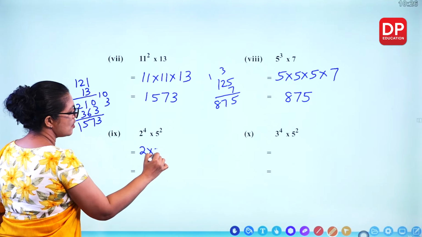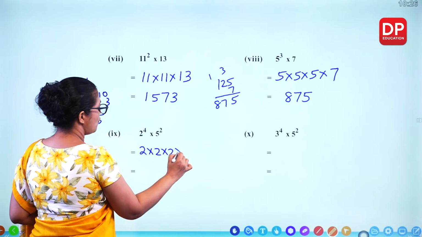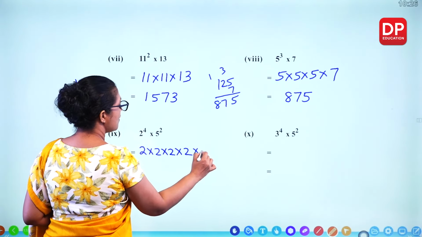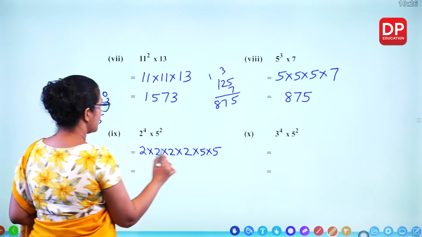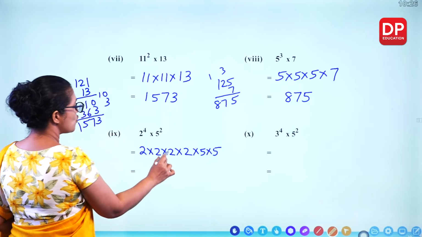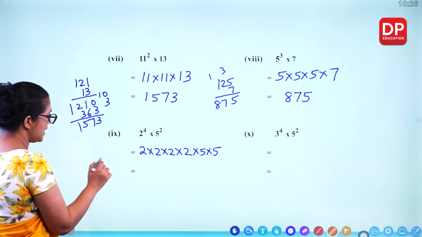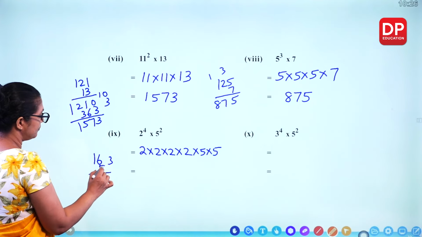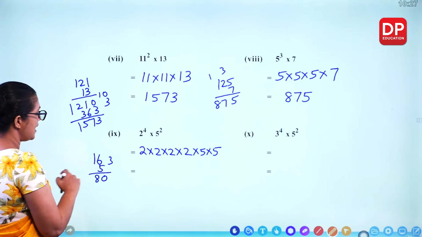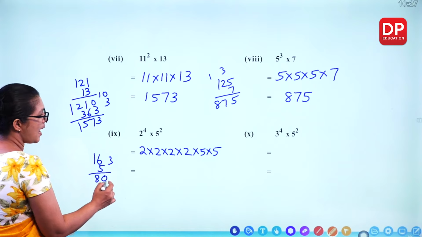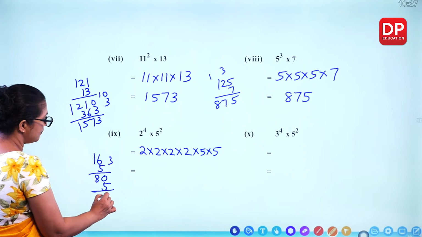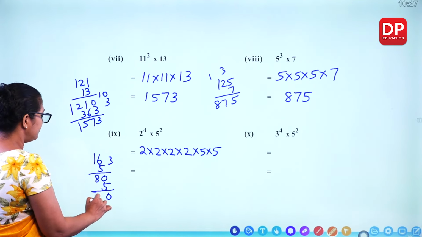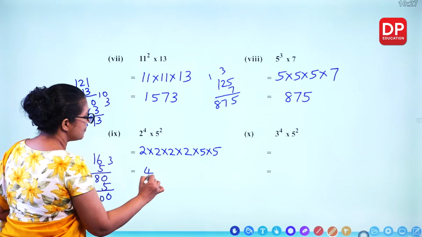This one, 2 4 times and 5 twice. 2 times 2, 4. 4 times 2, 8. 8 times 2, 16. 16 times 5, 80. And 80 times 5, 400.